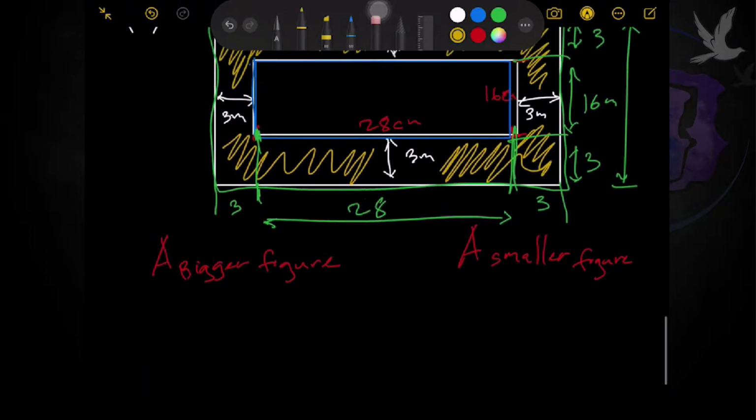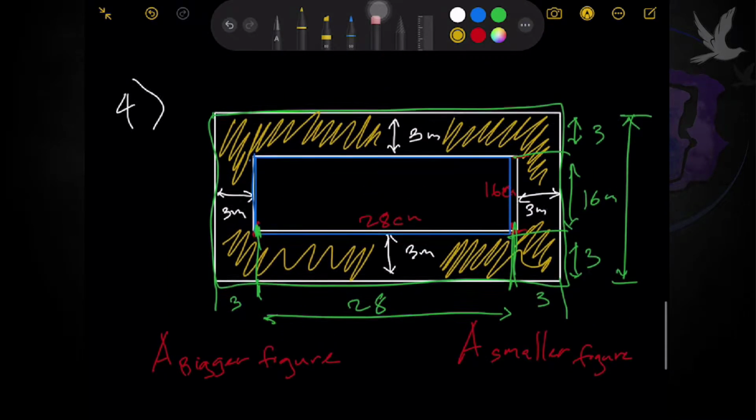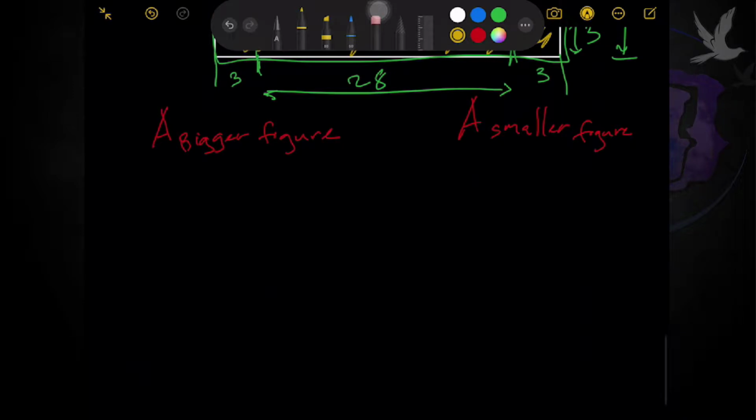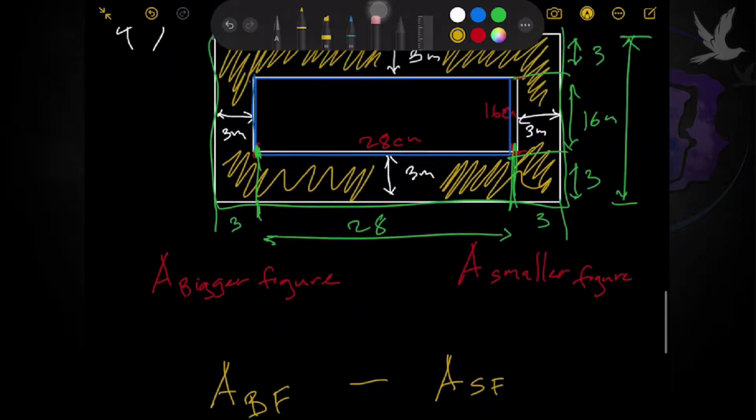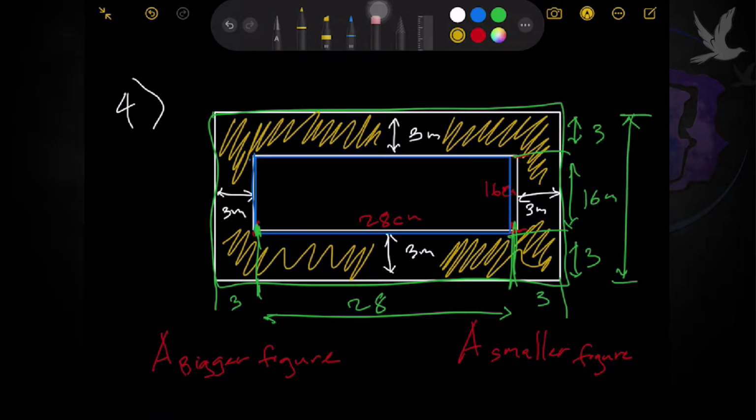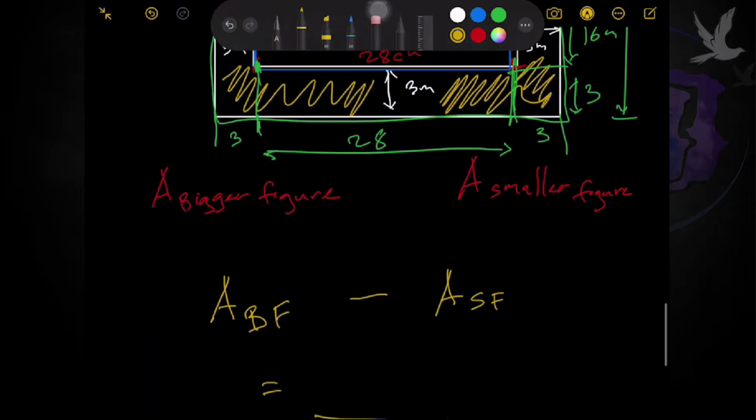Once you get your answer, to solve for the shaded part, all you need to do here is just to take the area of the bigger figure and subtract the area of the smaller figure. Then that is your answer for number 4. Okay? So, ganun lang. Study the figure, ha? Study the figure lang ng maayos.